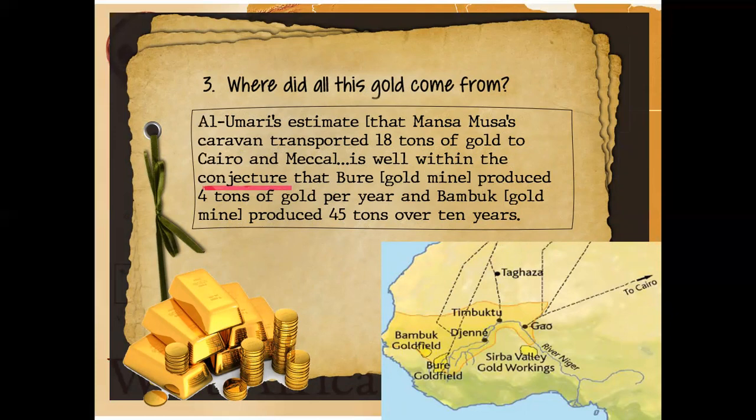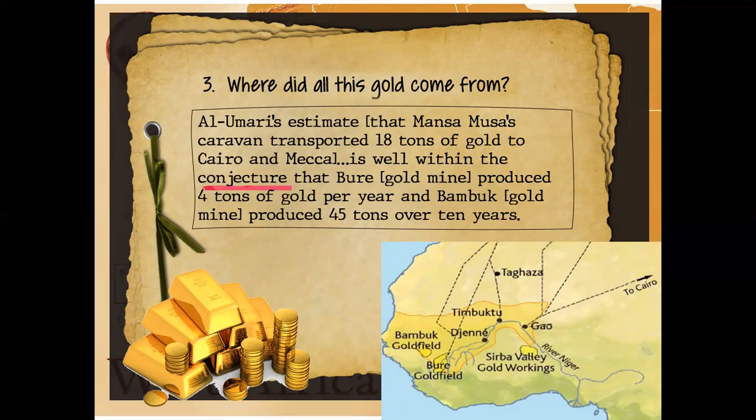That those are our best estimates. And then the source itself is saying that Al-Umari's estimate that the Mansa had 18 tons of gold with them makes sense. It's believable because it is within these figures of what these 2 gold fields could produce.